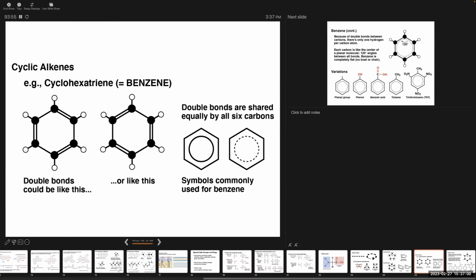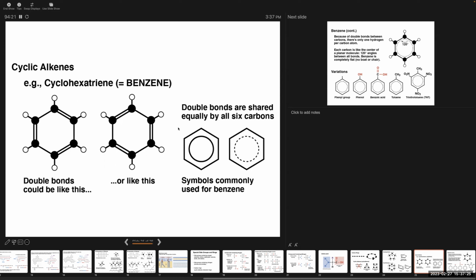Now, I told you I wasn't going to get into orbitals and hybridization of orbitals and all that stuff, and I'm still not going to get into that in any detail, but it turns out that because of the hybridization of the electron orbitals around the 6 carbons, the 6 carbons are actually sharing their electrons equally. All 6 carbons are equally sharing all of the bonding pairs of electrons that hold the ring together.